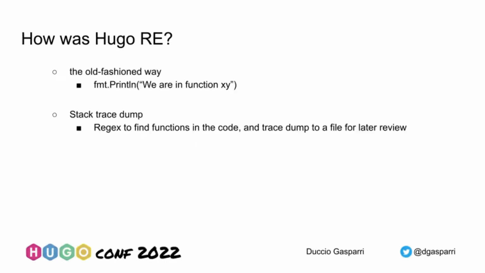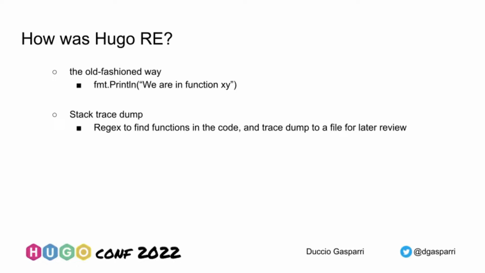How was Hugo reverse engineered? Well, a big part was done in the old-fashioned way, putting a lot of print lines around the code and seeing at which point in the execution that line was written on the console or in a file stream, just to get a sense of how the structure was and who was calling who.